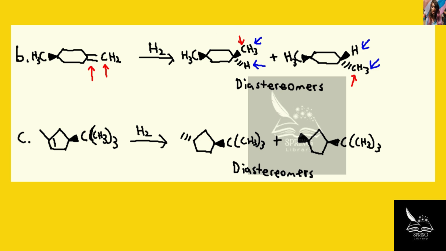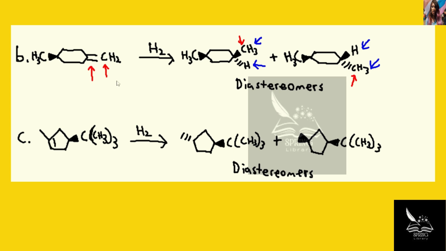And so this gives us a pair of diastereomers when we do this hydrogenation. And it's because the stereochemistry of the distal methyl group over here is set. It's wedged, and so it's going to continue to be wedged in the product.